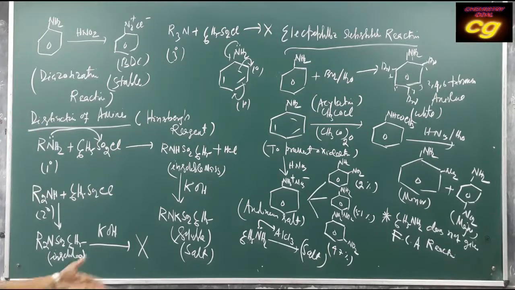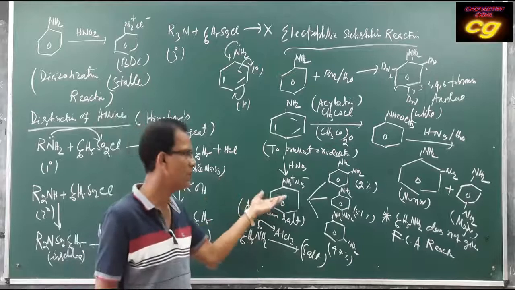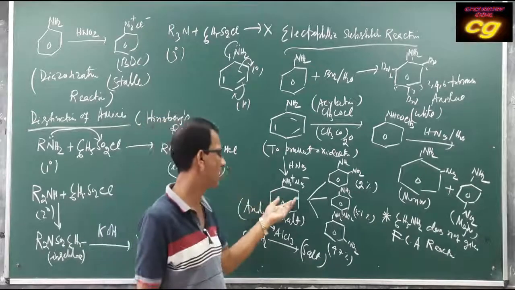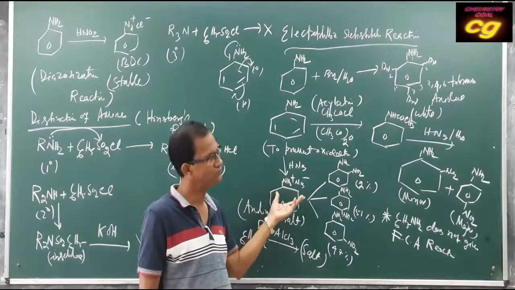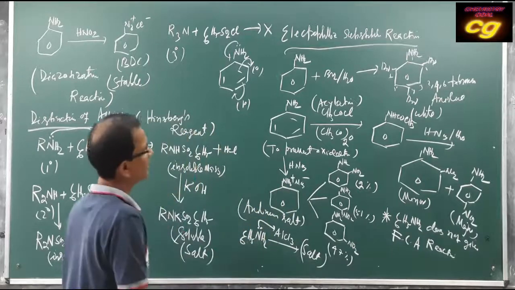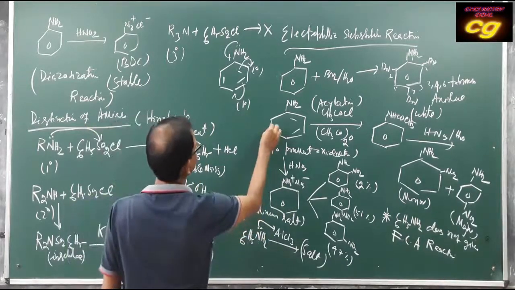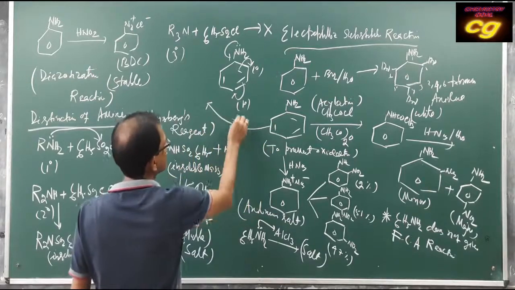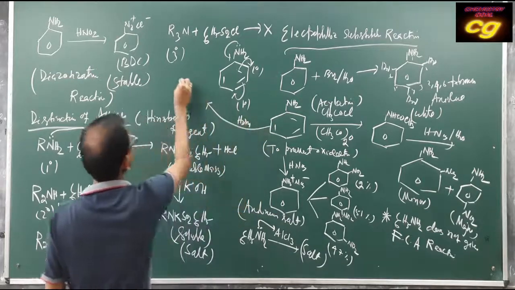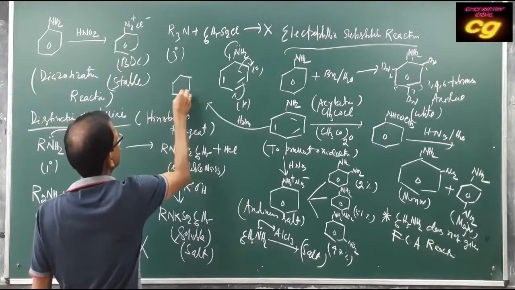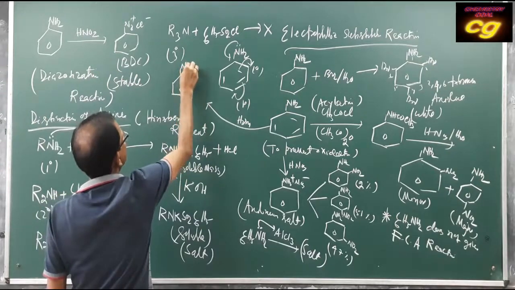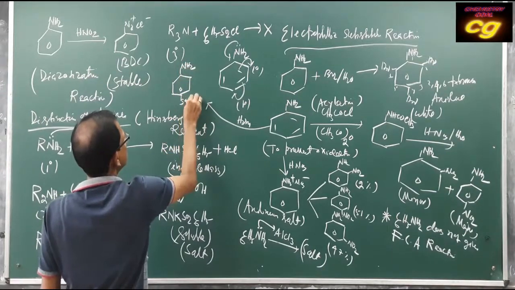Aniline also gives direct sulfonation, and the product will be sulfanilic acid. If aniline reacts with concentrated sulfuric acid, this derivative is produced as the major product.